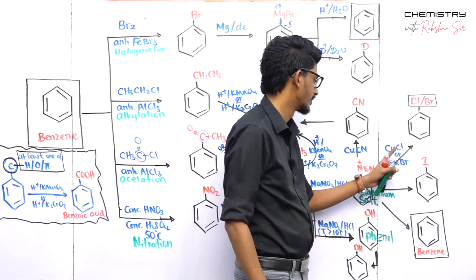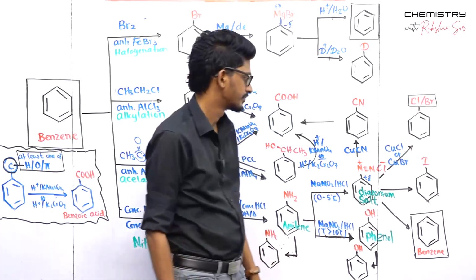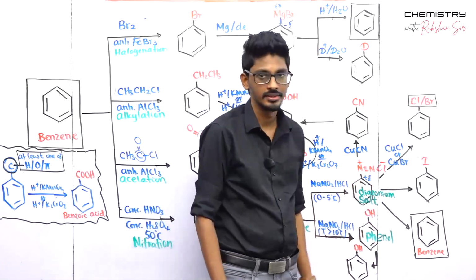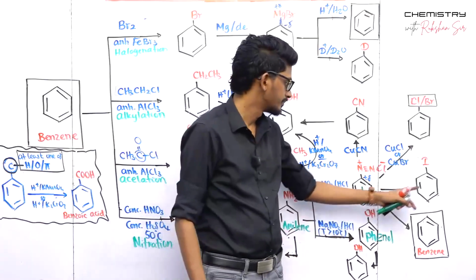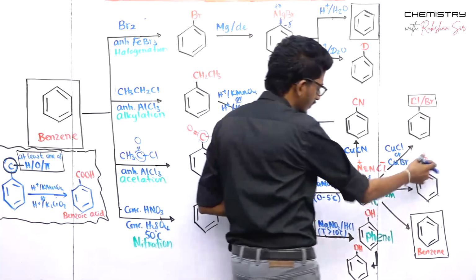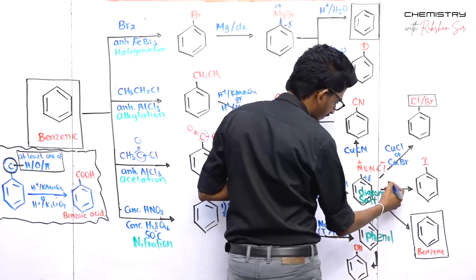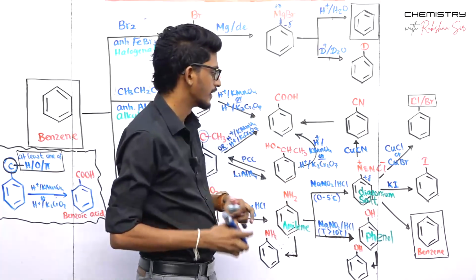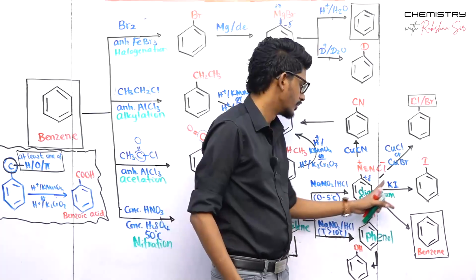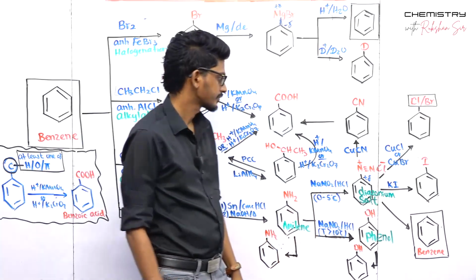That name is indicated in your note, right? And to add iodine to the ring, just KI is enough. No Sandmeyer is needed. Just KI is enough to give that I minus nucleophile to the ring, right?